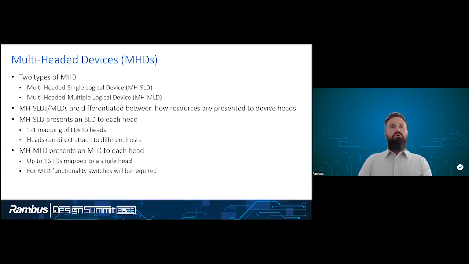Now, to enable this MHMLD functionality, we do need switches, just like we did in 2.0. But with the MHSLD, composability on the memory subsystem, the CXL attached memory subsystem, is fully implementable without CXL switches.